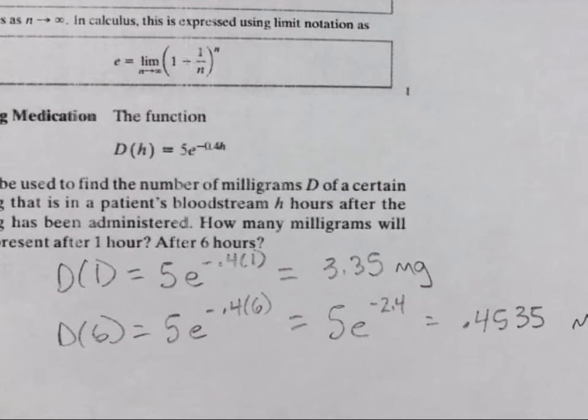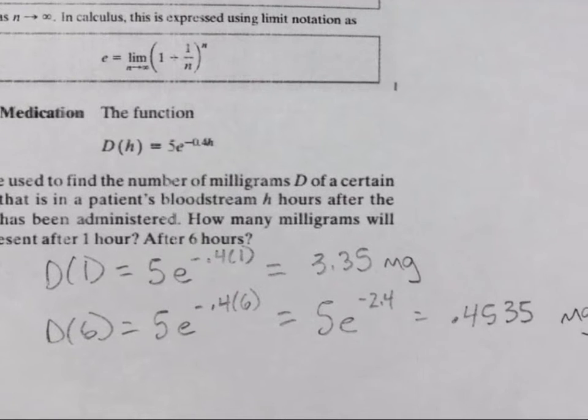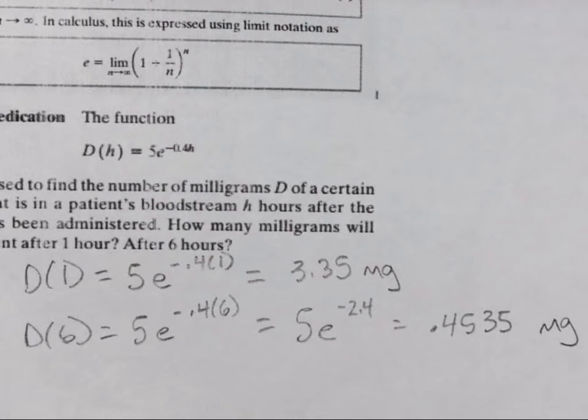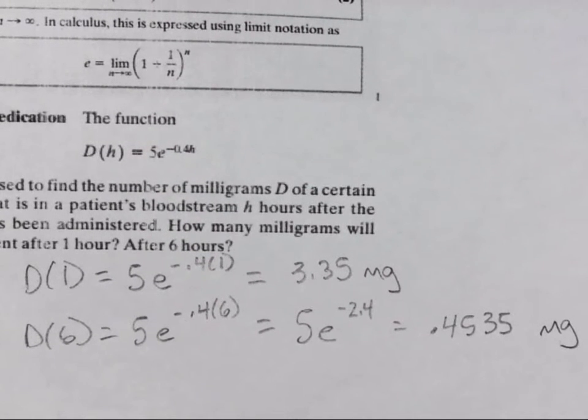So obviously your body is excreting the drug as time is increasing, and that is a continual process. It's happening in real time every second, so that's why we're using E to describe that. It's not like your body excretes 2 milliliters after 2 hours, and then another 2 milliliters after another 2 hours. It's continually doing that process of excreting the drug from your body. So that's why we would use something like E for this particular problem.